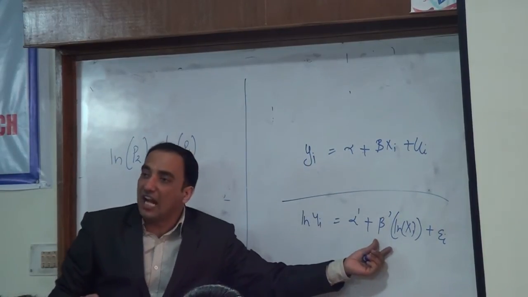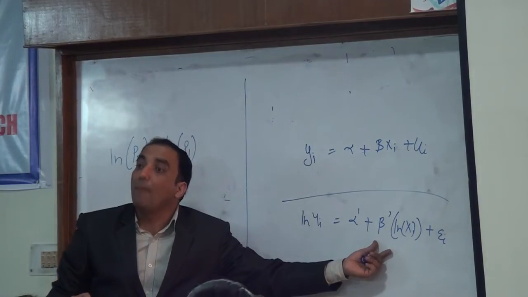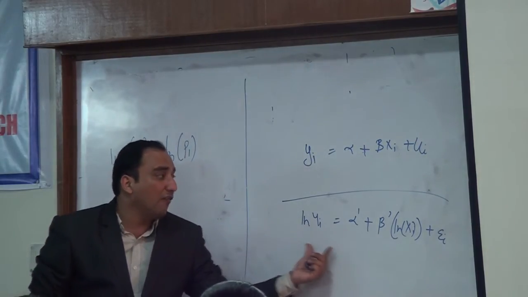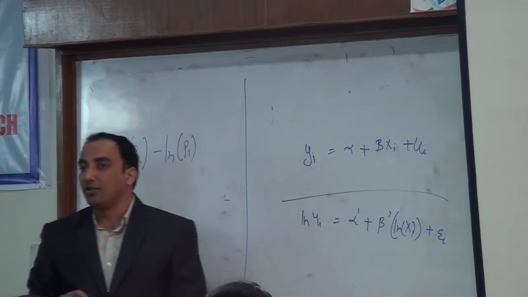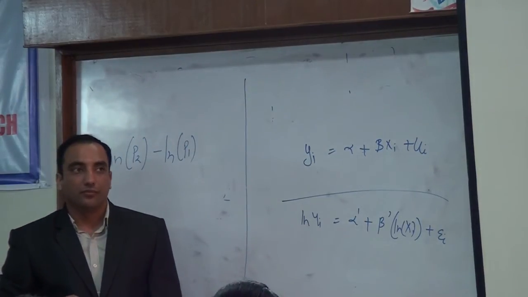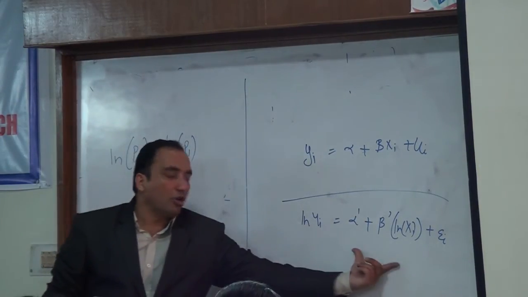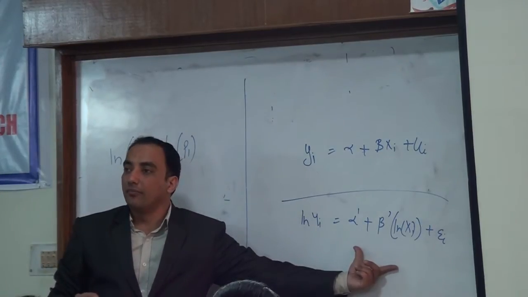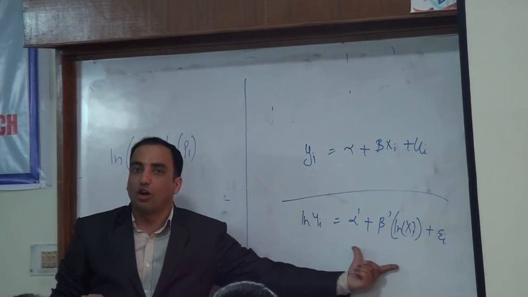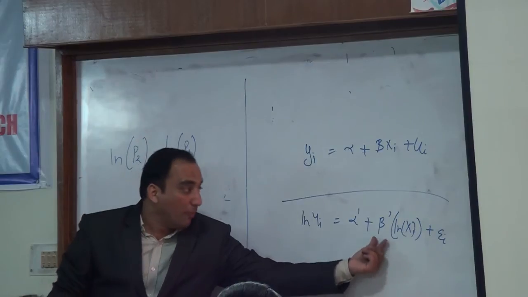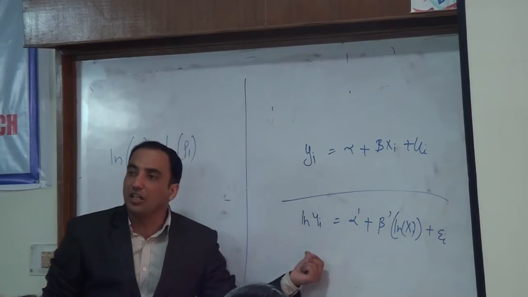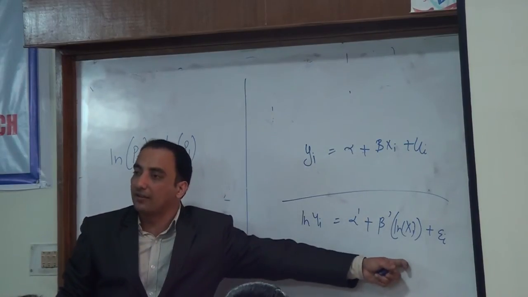Here my beta dash is telling what would be the percentage change in y if I change my x by 1%. Okay, this is also called as elasticity. So beta will tell me elasticity of y in terms of x.